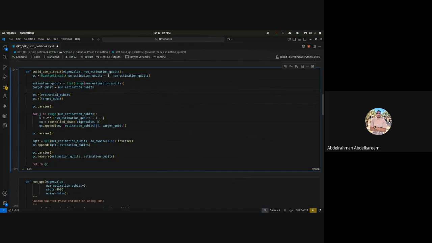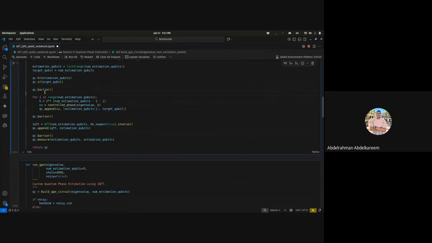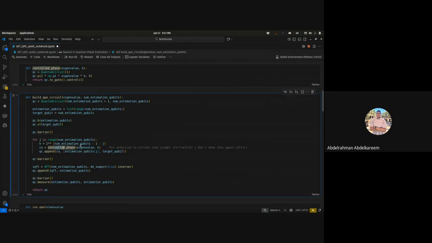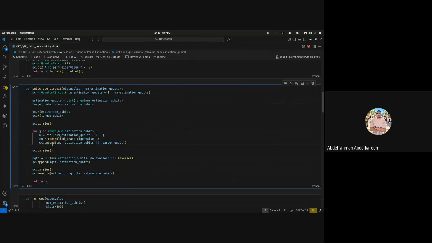We apply Hadamard to all the estimation qubits. Then for our auxiliary, we apply a NOT gate so it can do the phase kickback phenomenon. Then for each qubit, we call a control phase with the eigenvalue and the new value of k. Then we append it.